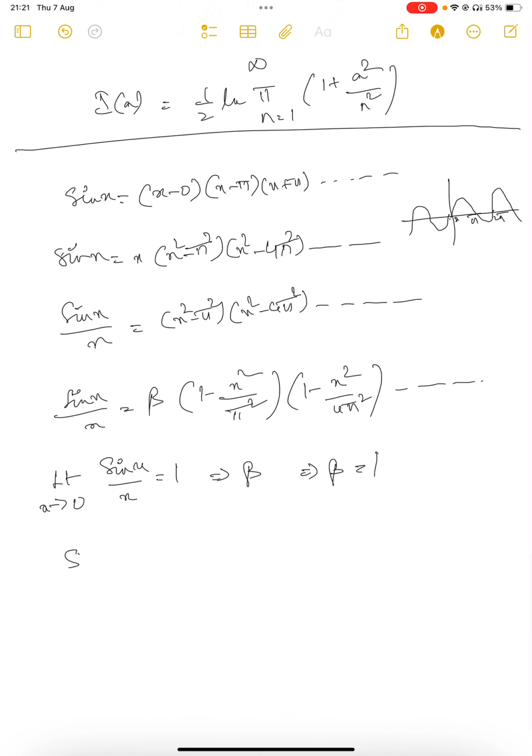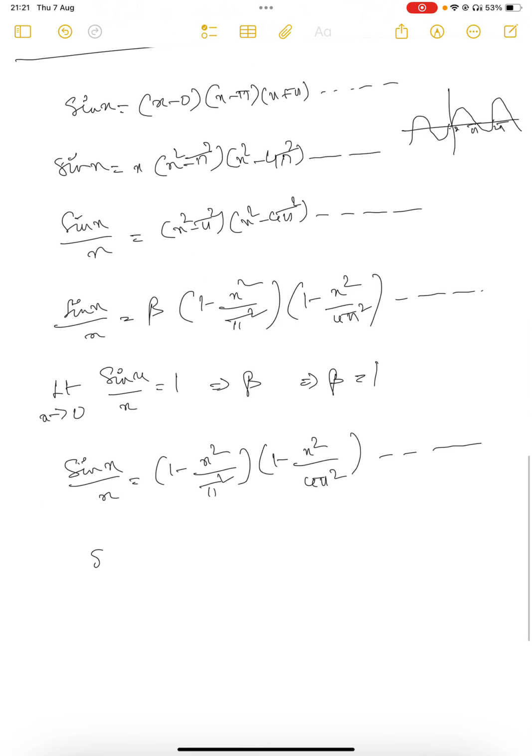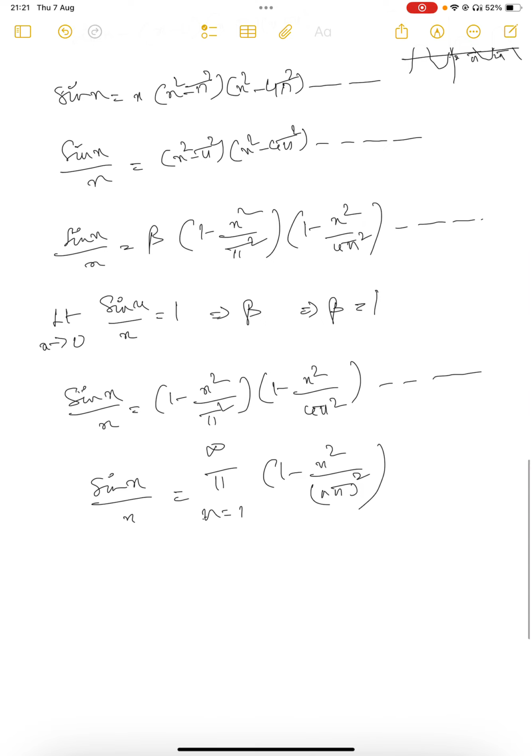So sin x by x is 1 minus x square by pi square, 1 minus x square by 4 pi square, and so on. In a way, you can write sin x by x as product n equal to 1 to infinity of 1 minus x square by n pi whole square. Right? This is how we can write it.